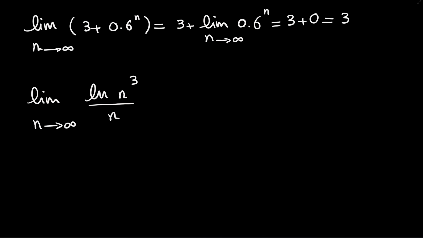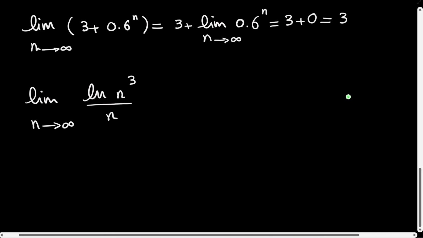How can we find the limit of this sequence? There is a rule for natural log. We know that the limit of natural log of n divided by n when n approaches infinity is equal to 0.